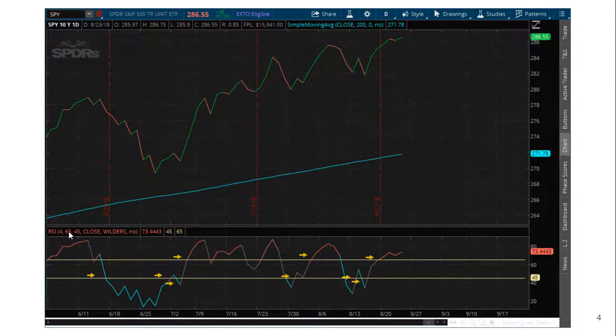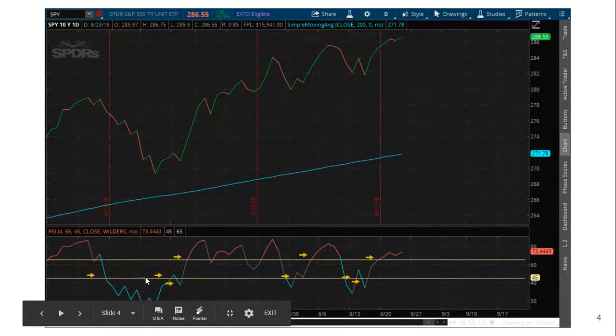We've also changed the overbought and oversold numbers. Usually overbought in most software packages, the default is 70. We've tweaked it down to 65, not that it really matters in this study. And we've changed the oversold indicator, which is usually defaulted at 30, to 45.